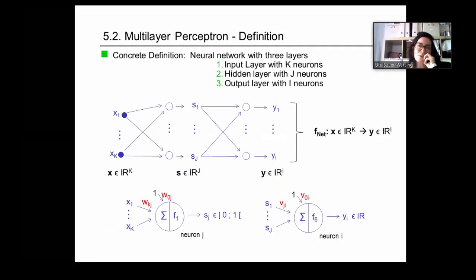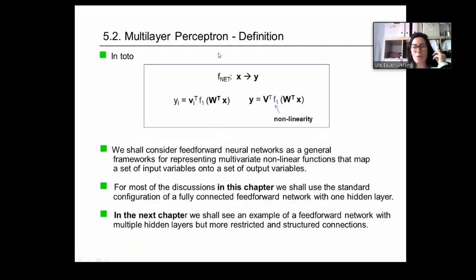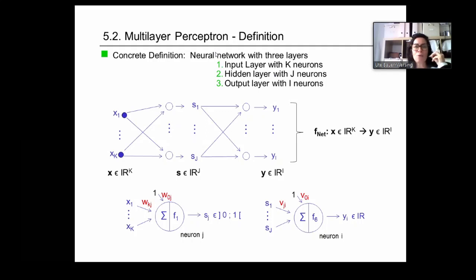Okay, so let's do a more formal definition of multi-layer perceptrons. We are using a basic type of multi-layer perceptron, a neural network that consists basically of 3 layers. To be honest, there are 2 functional layers.